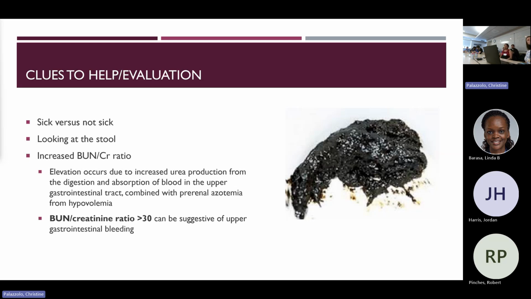So a ratio greater than 30 can be suggestive of an upper GI bleed. So these are the different things that you want to use to help you identify if it's a true upper GI bleed. But don't get me wrong, you'll see BUN creatinine ratios that are not elevated like that if it's not as acute, because people can be slowly losing blood over time as well. Okay.